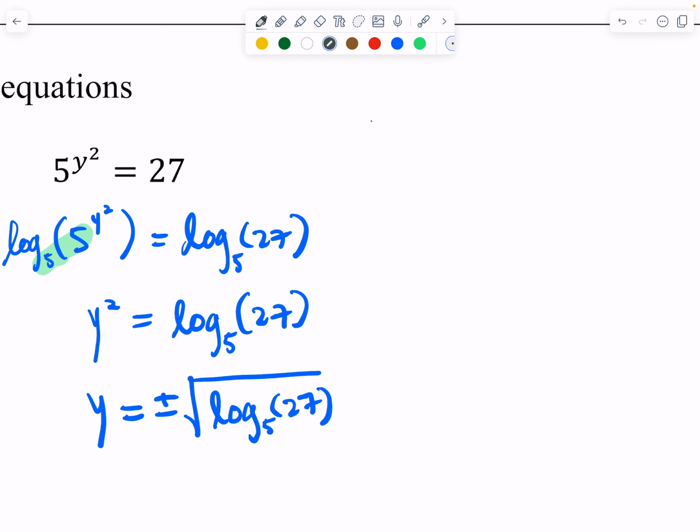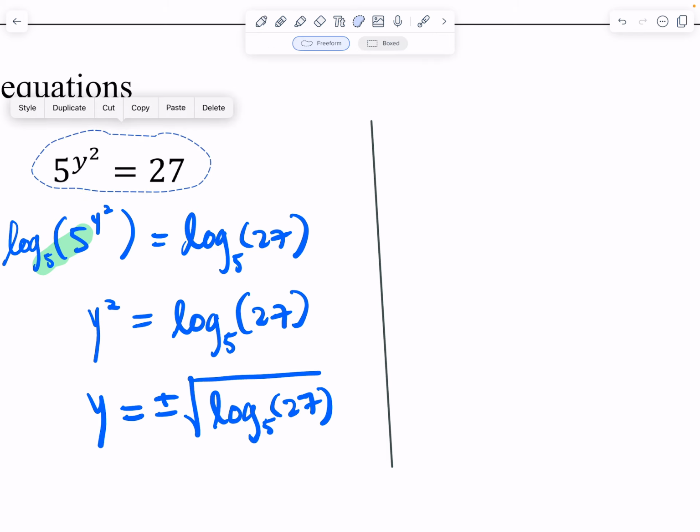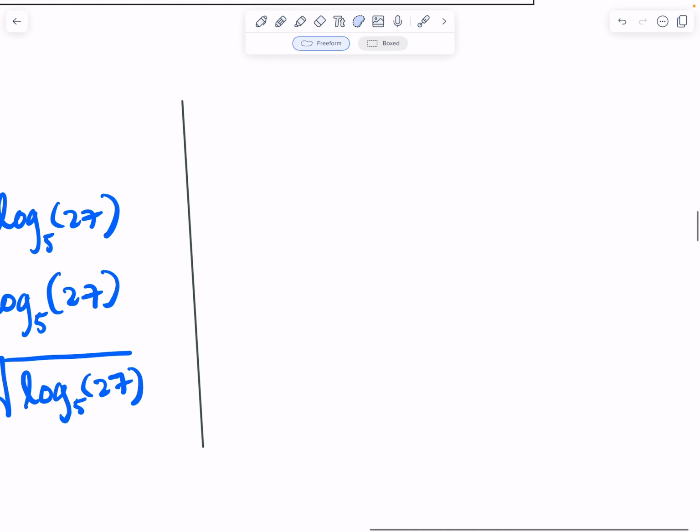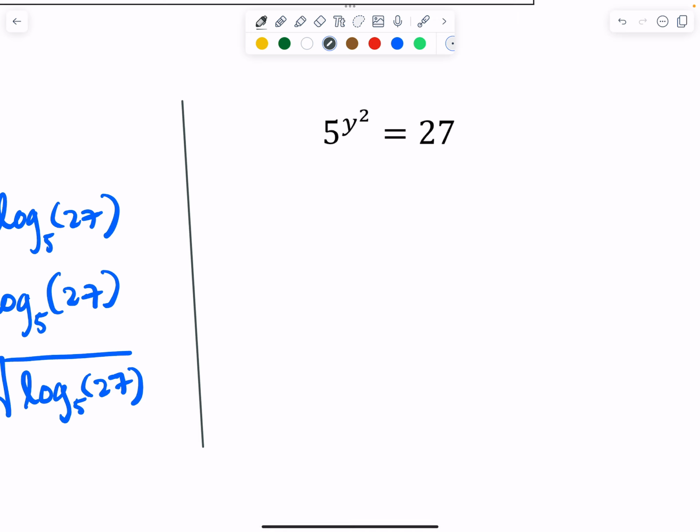The last approach that you could use, and to me this is a little bit more old school, but it's fine. Part of the reason for this approach is that your calculator has that log base 10 button and that natural log, the log base e button.